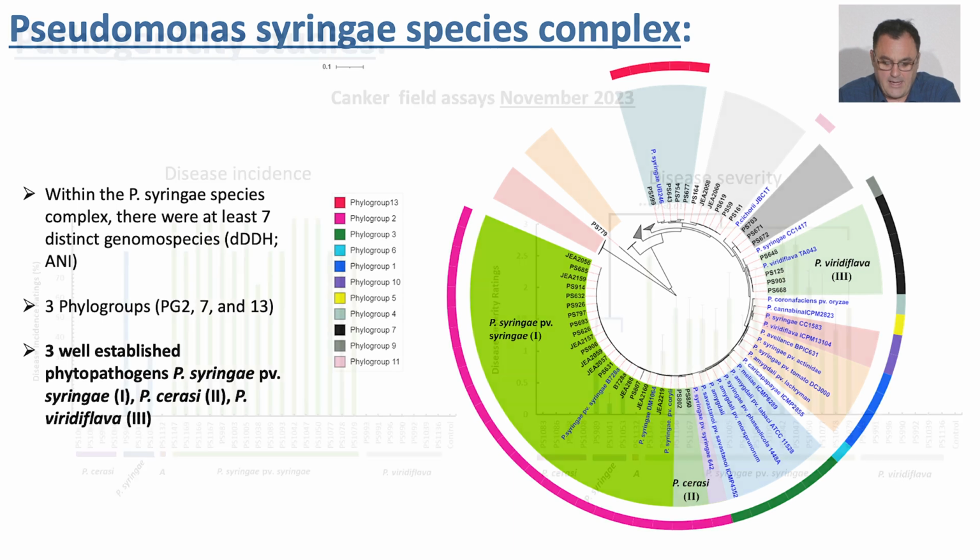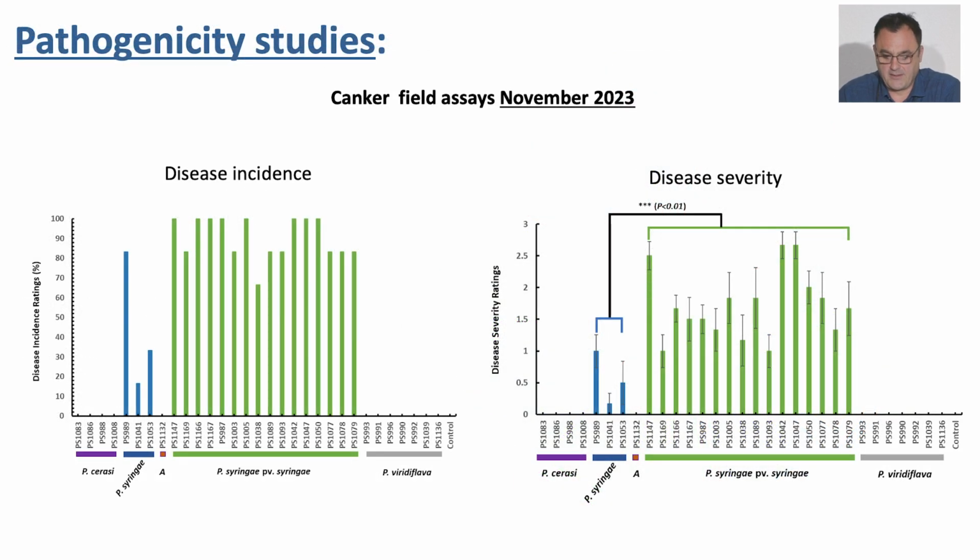And here it's kind of interesting, maybe eventually for risk prediction, disease emergence prediction, and so on. Among the multiple bacteria that we detected from almond, this was a pathogenicity study that we did for canker in November. In this trial, mainly Pseudomonas syringae seems to be pathogenic to almond.